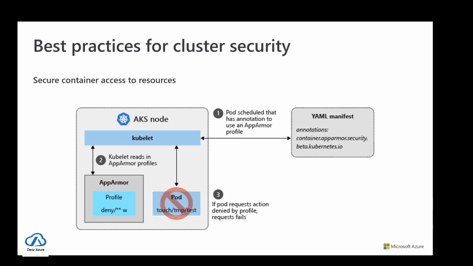AppArmor is basically a more fine-grained role-based control that limits the actions the containers can perform. It runs at Linux kernel level, is part of the operating system itself, and the good news is that it is enabled by default.